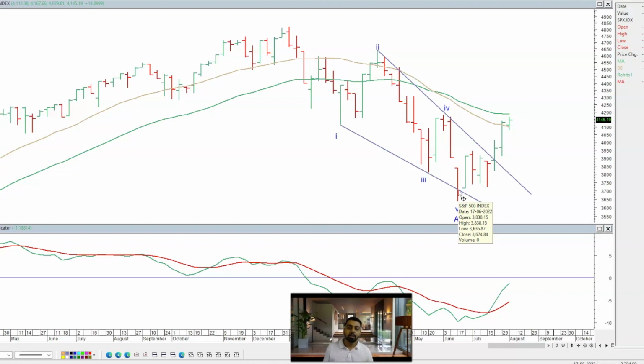That can be wave 3 or wave C, which needs to be seen as the correction unfolds.